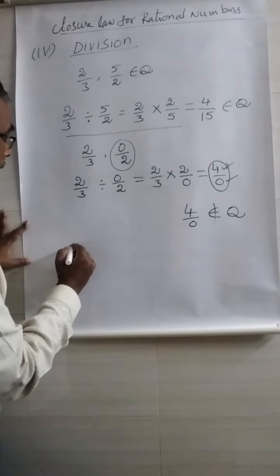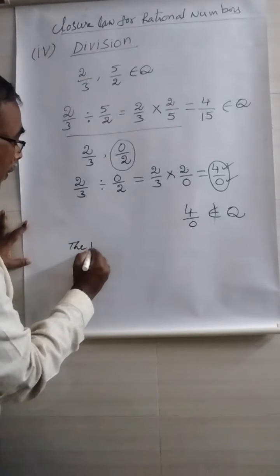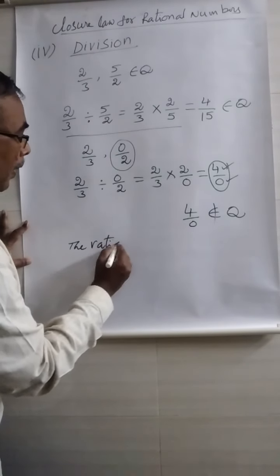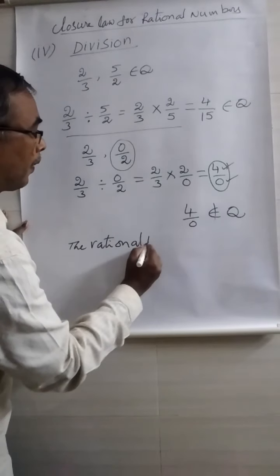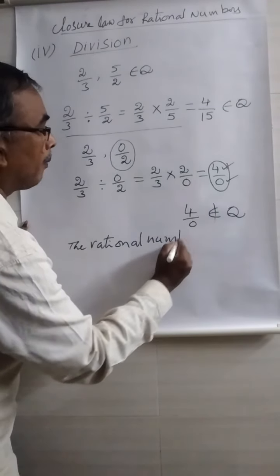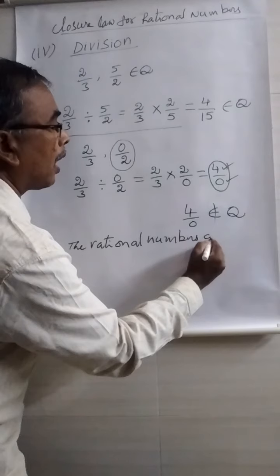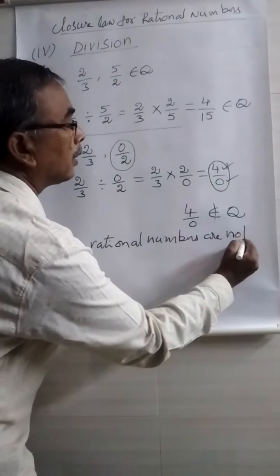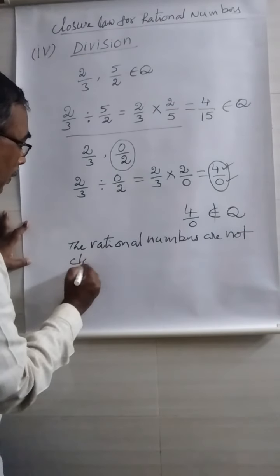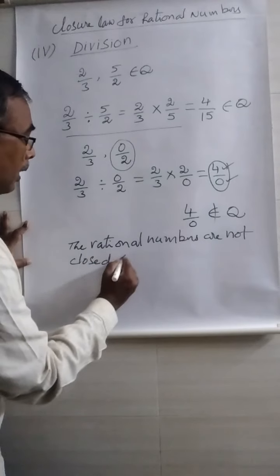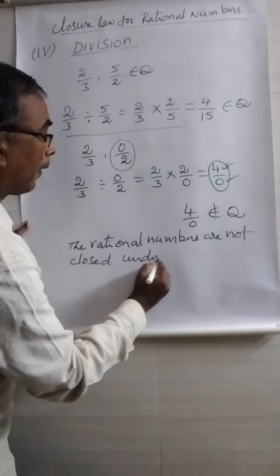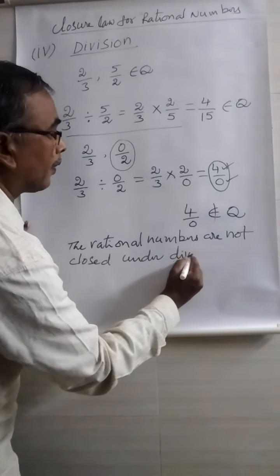Finally we conclude that the rational numbers are not closed under division.